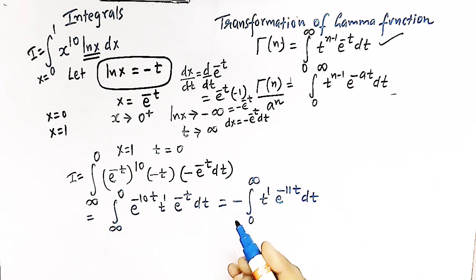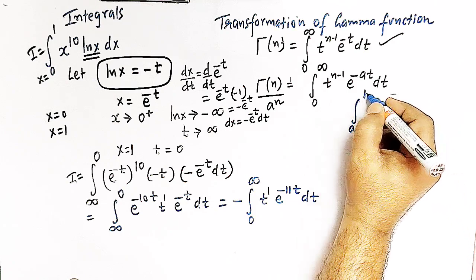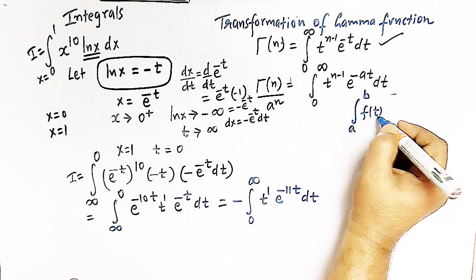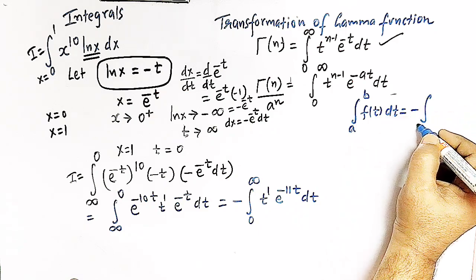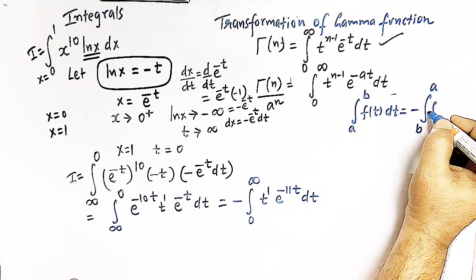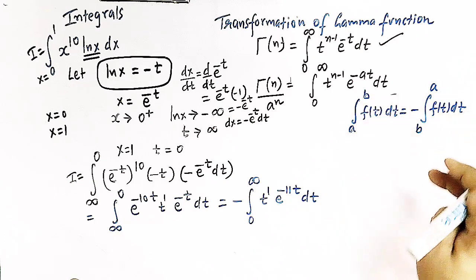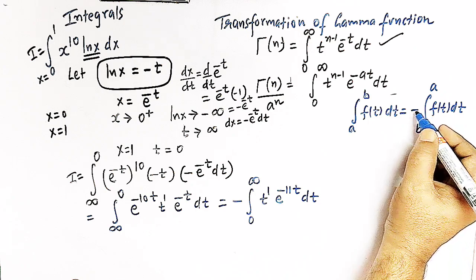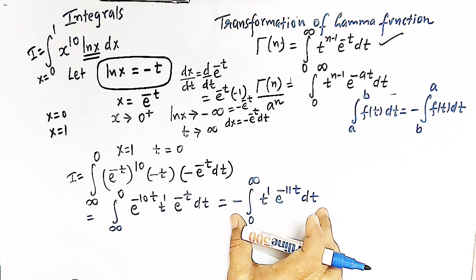Here we have used this property of definite integrals, that the integral from a to b of f of t dt is equal to the negative of the integral from b to a of f of t dt. So when we interchange the limits, we take a negative sign over here.